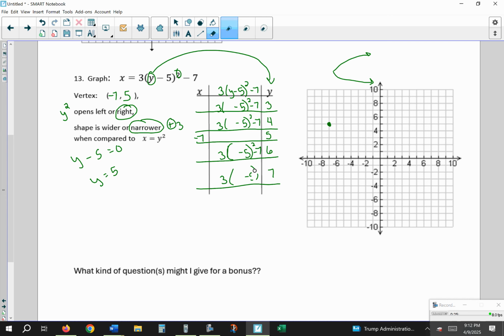Somehow I'm starting further and further over, so I'm squeezing it in. Try that one more time at the beginning. All right, that's a little better. And then, of course, fill in your values. 3, 4, 5 was my center, 6, 7.